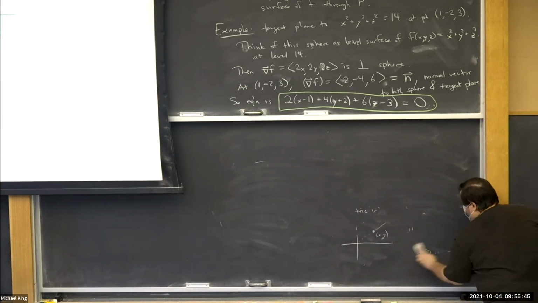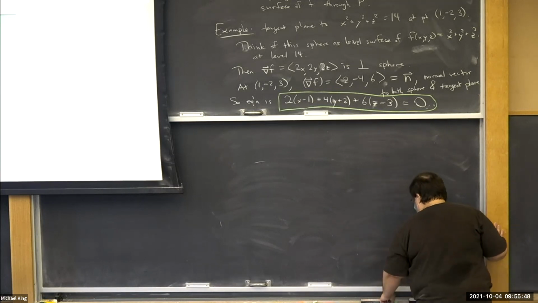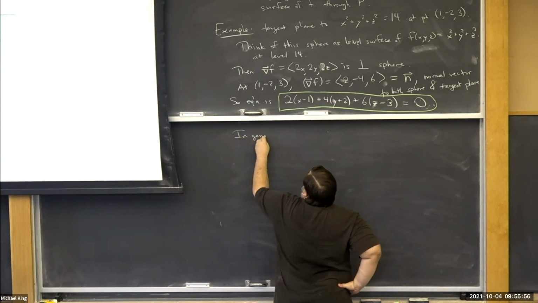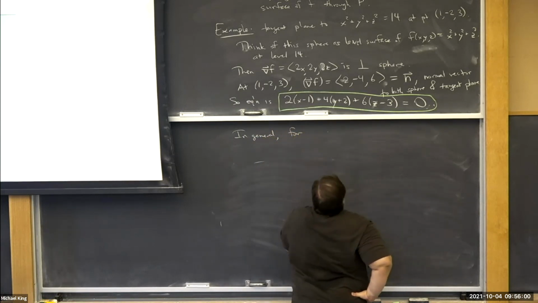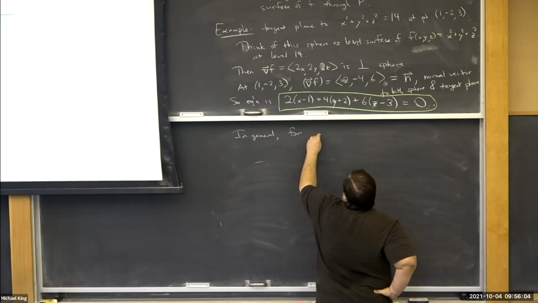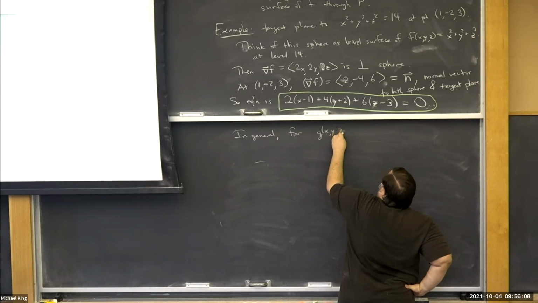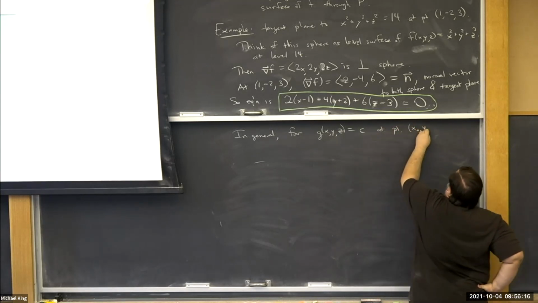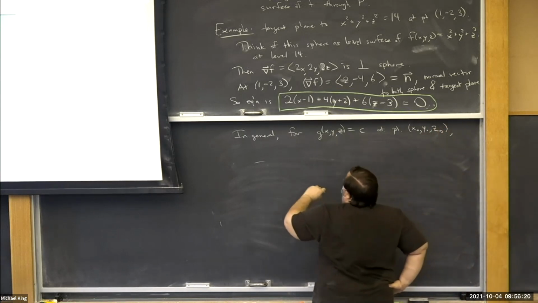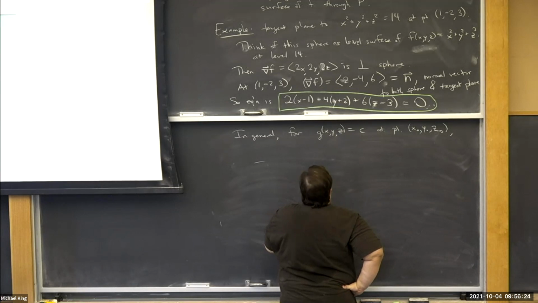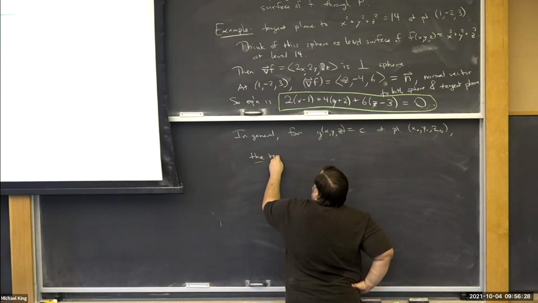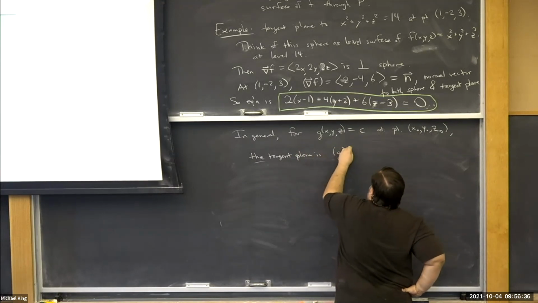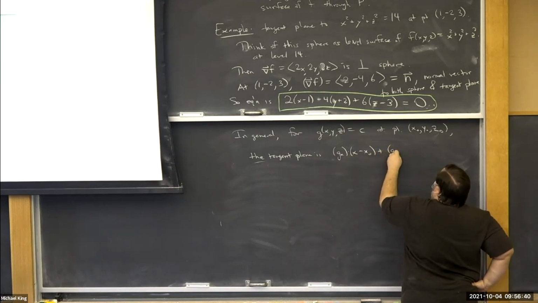In general, actually, I'm going to use the letter G instead of F. For G of x, y, z equals constant at the point x naught, y naught, z naught, the tangent plane is the partial x times x minus x naught plus the partial y times y minus y naught, and I really mean plug in the point.